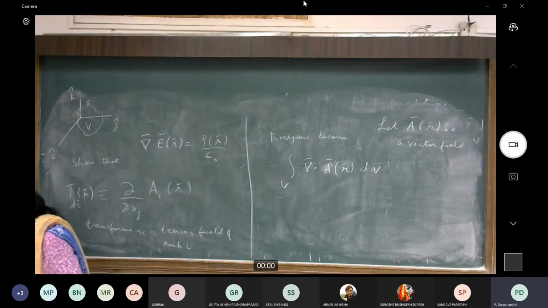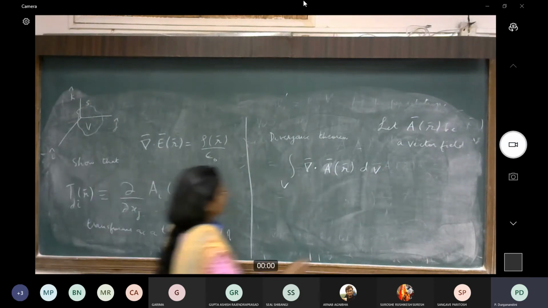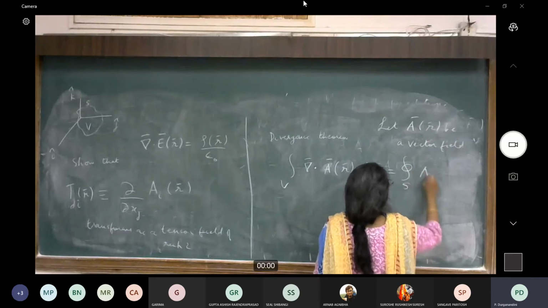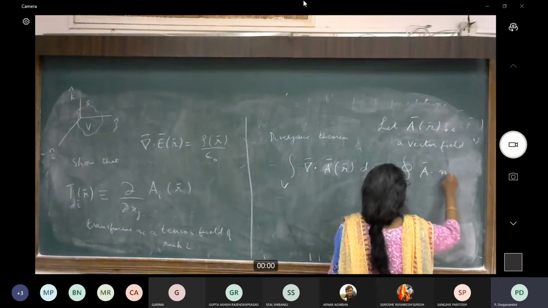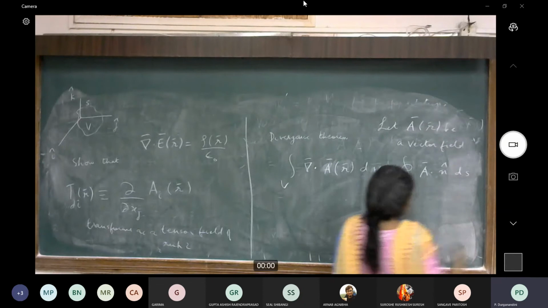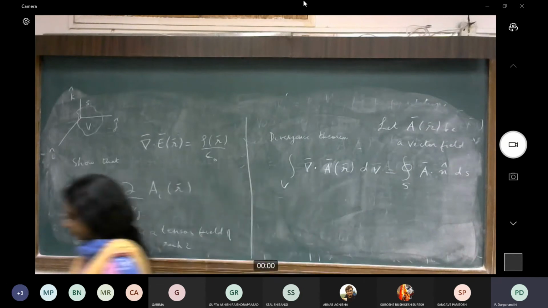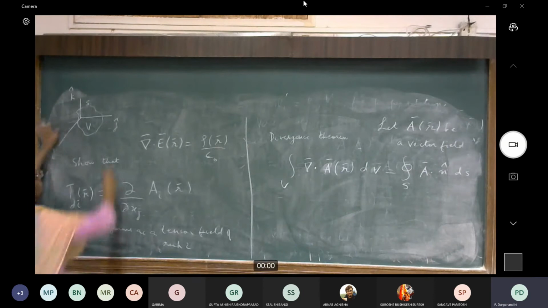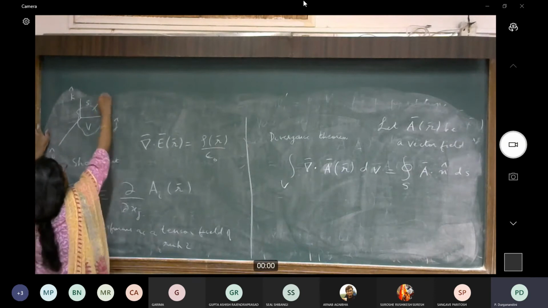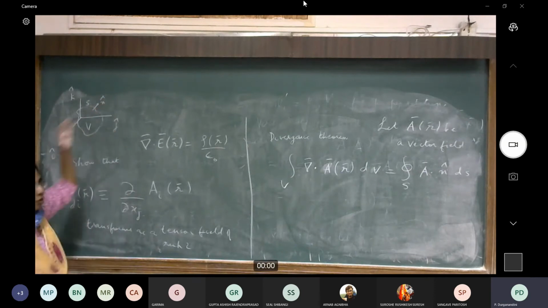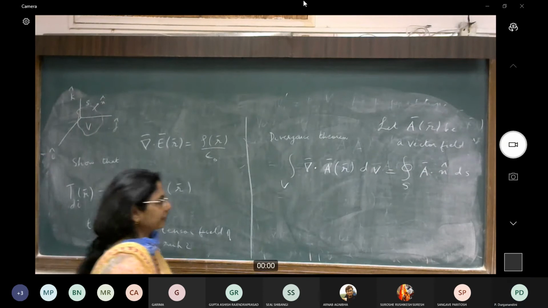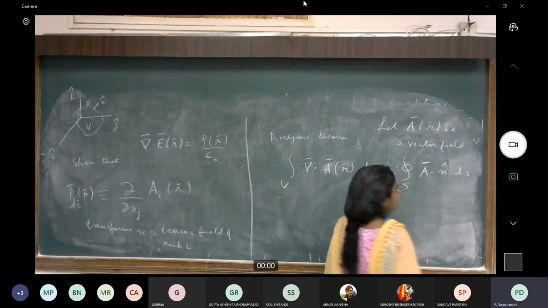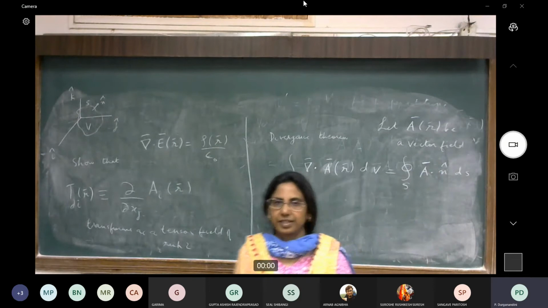And you people know this identity, nothing but Green's theorem, that this should be equal to the surface integral of A dot N cap dS. So what is N cap? N cap is the unit vector which is normal to your surface. All of you are familiar with this, right? This is Green's theorem, I think.